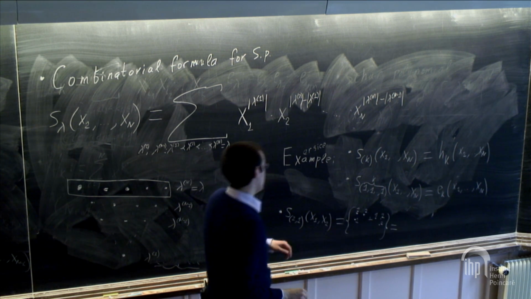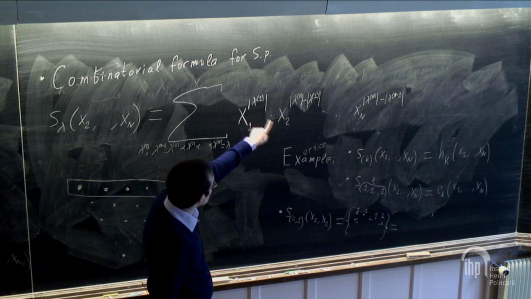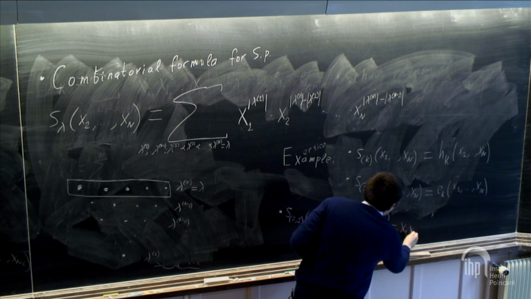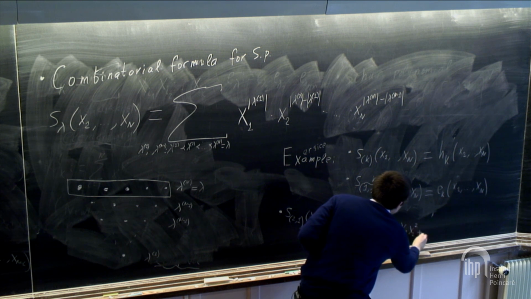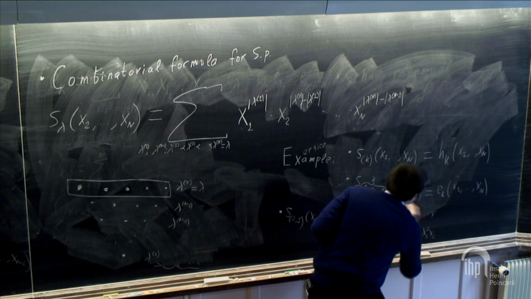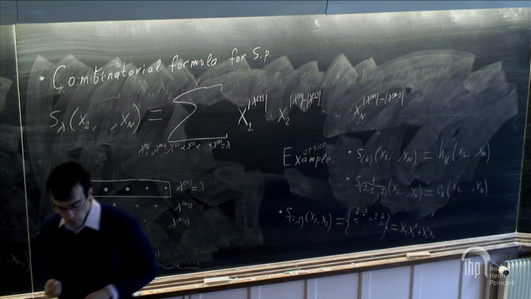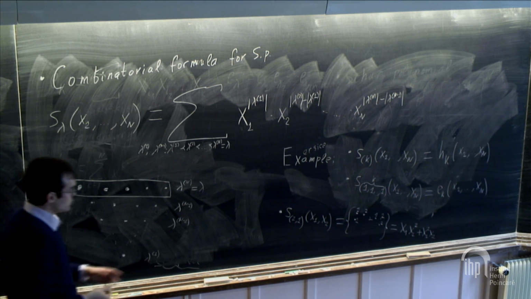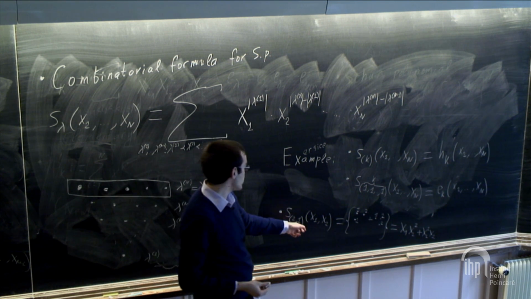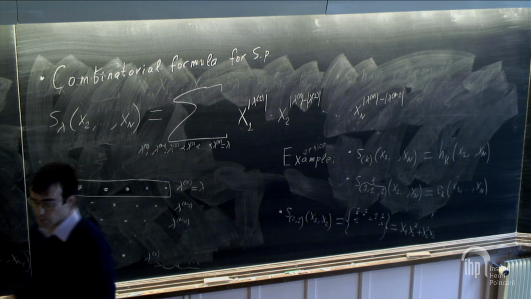When I do this, it will be x1 x2 squared plus x1 squared x2. So at least for small Young diagrams, for small signatures, we can compute this function using the combinatorial formula.